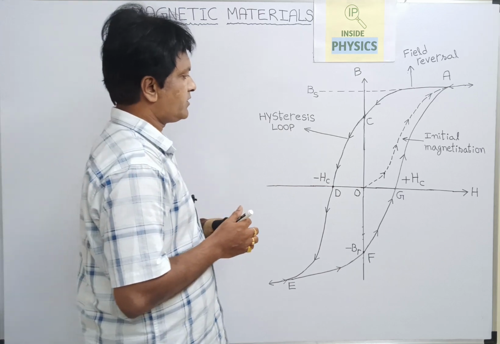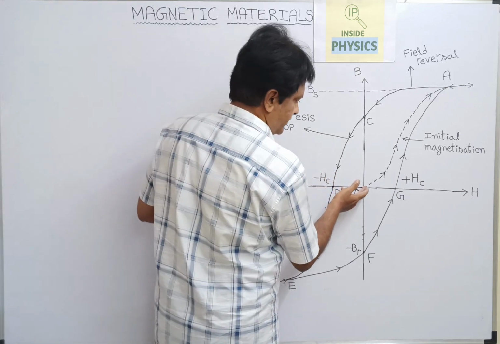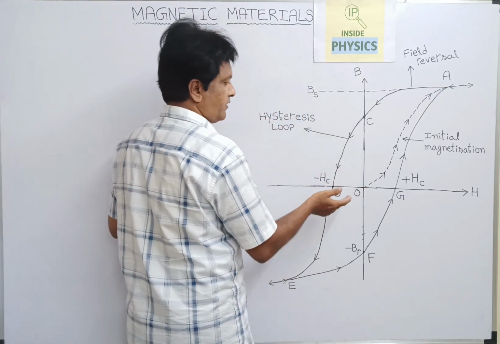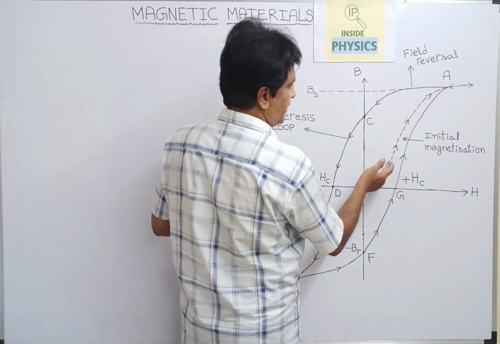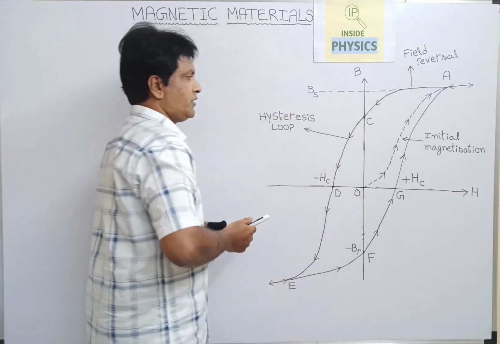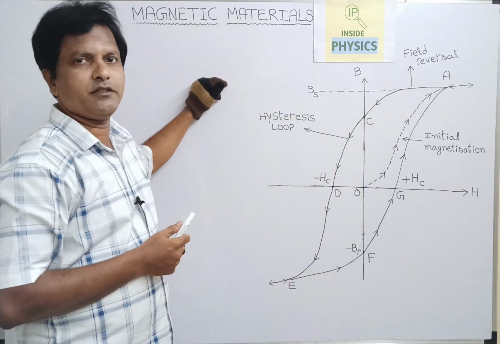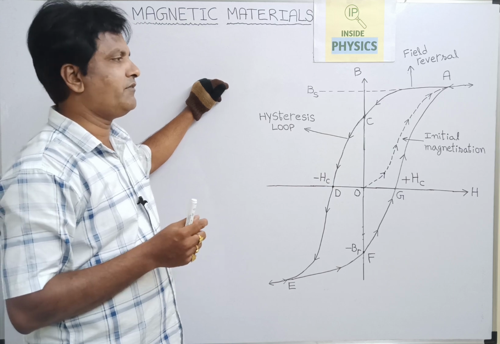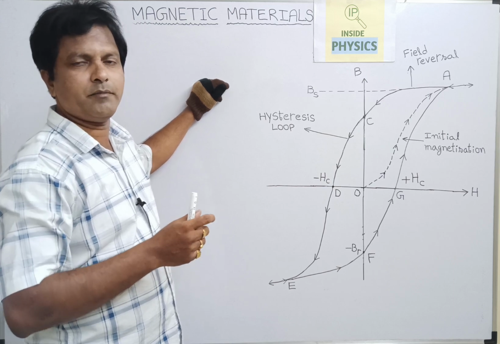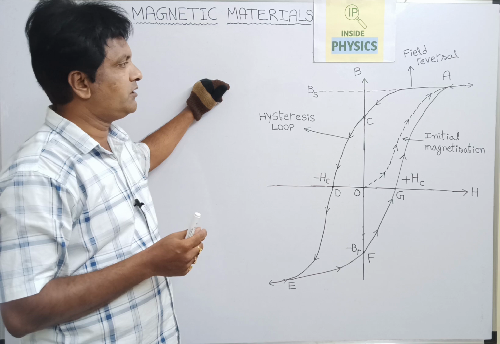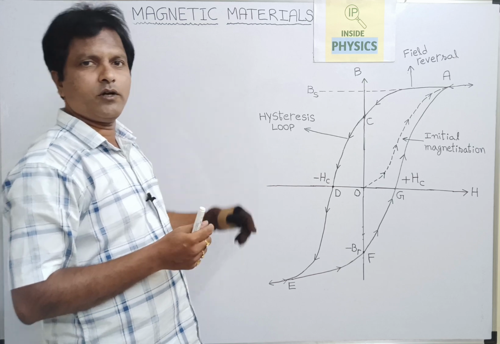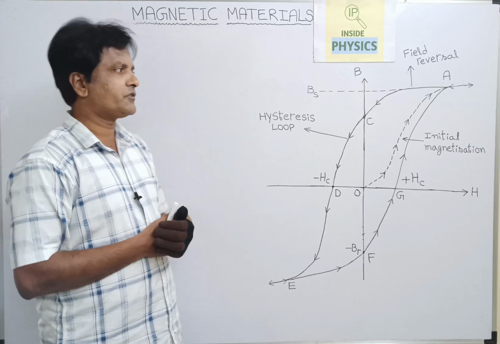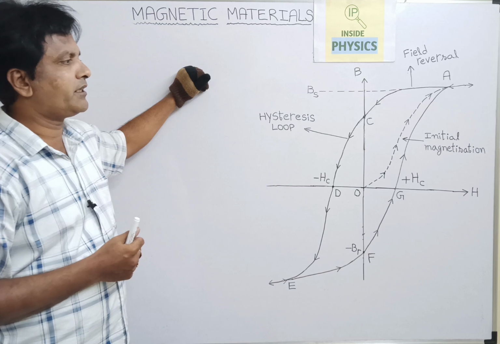This is the origin, where we take the initial magnetization. First of all, we assume that the ferromagnetic material has zero net magnetic moment. That means we can consider it a virgin magnetic material with a net zero magnetic moment.